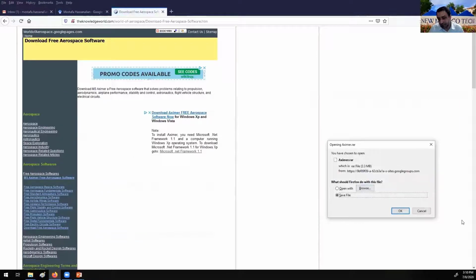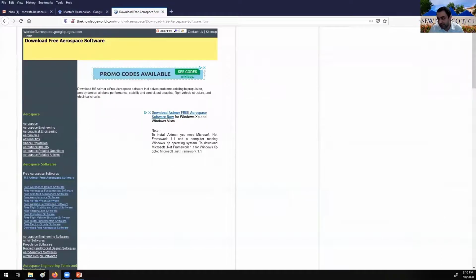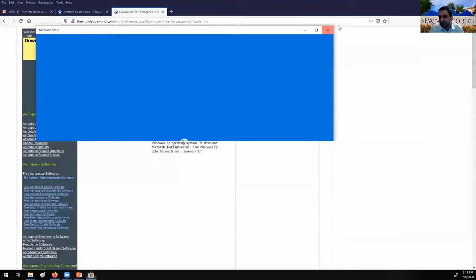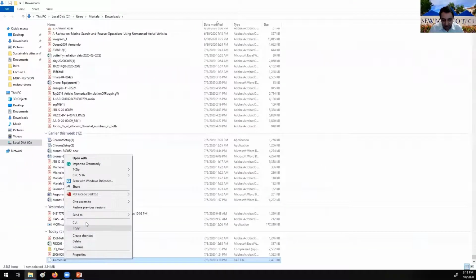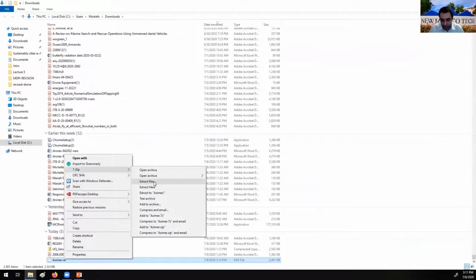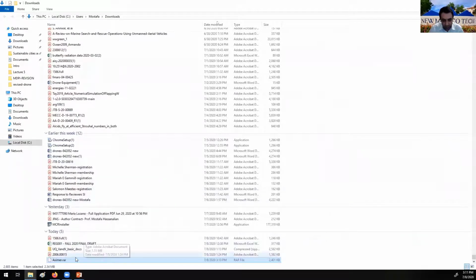It says it works for Windows XP and Windows Vista. I want to try that, to see if it is also applicable. This is a RAR file, so I extract it here and see how this works.